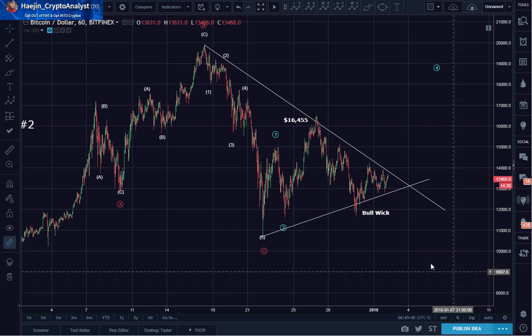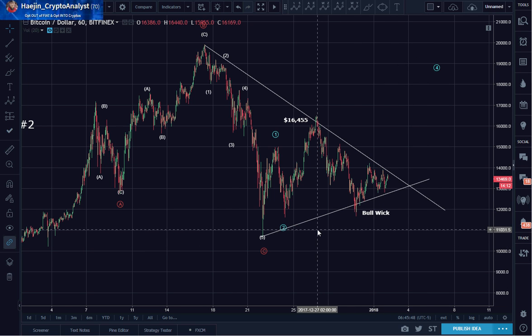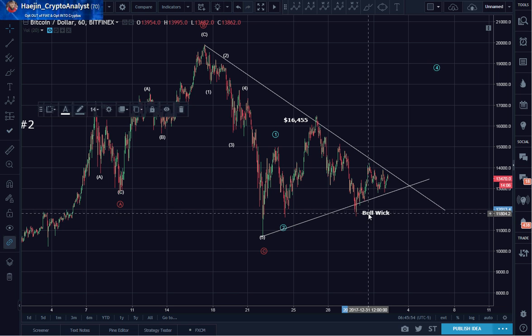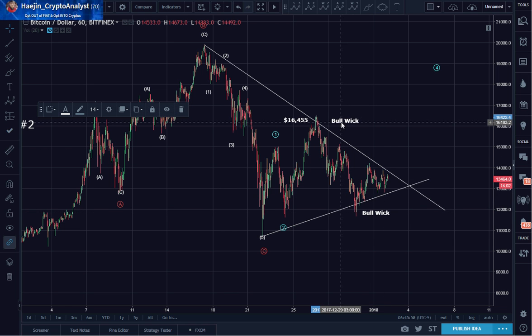So here, you might want to also note that across the tops of the prices, there was a bear wick. So this is the inverse of that.